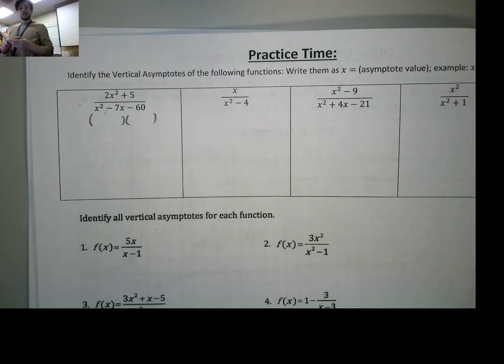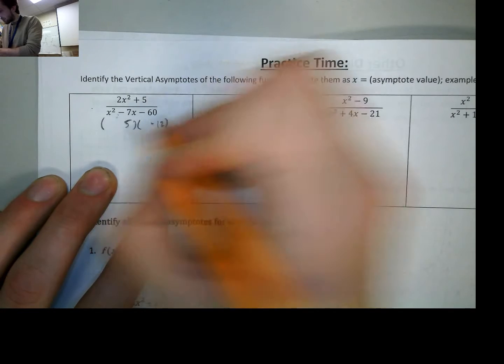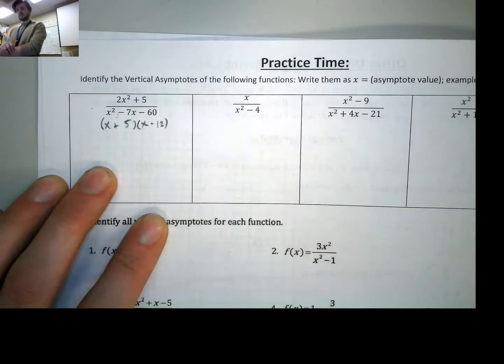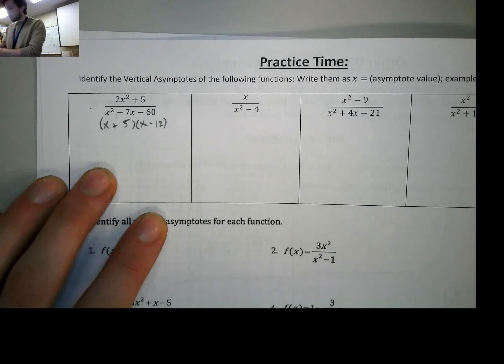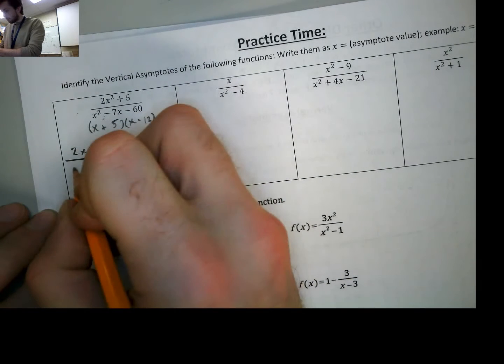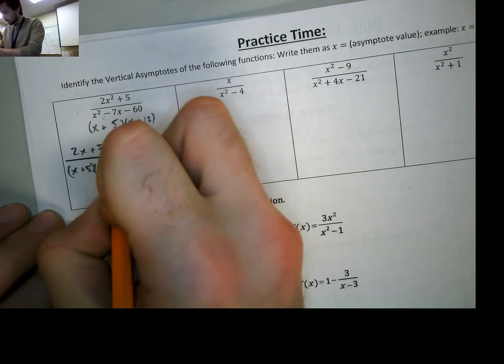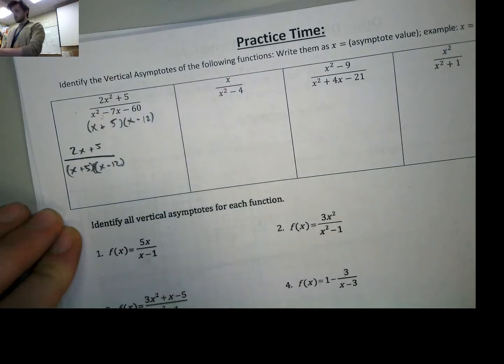No. 5 and 12? I think 5 and 12, specifically x plus 5 and x minus 12, right? So if we rewrote this, you'd have 2x plus 5 over x plus 5 and x minus 12.